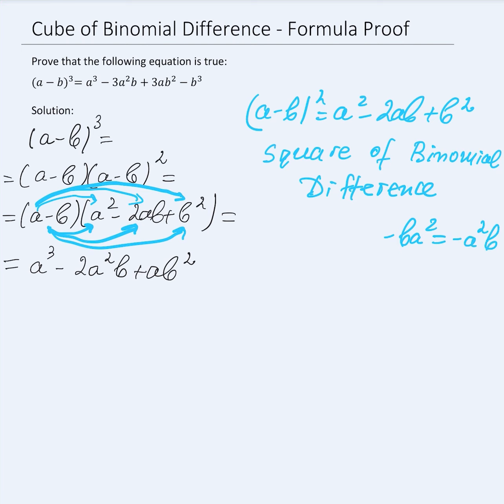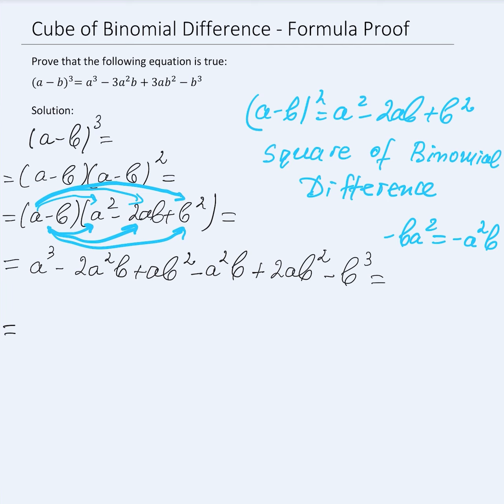That's how I'm going to write it down here. Then we need to multiply negative b by negative 2ab. It gives positive 2ab^2. And lastly, negative b by b^2 gives negative b^3.